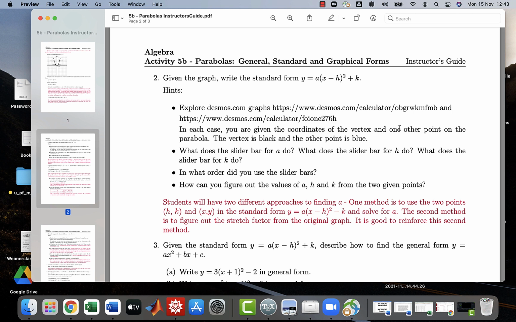K moves it up and down. A stretches it. You should be able to get the correct parabola by sliding H and K to get the vertex in the right location, and then doing the A last to get the right stretch factor, noting that if the parabola needs to point downward, you need to make the A negative.